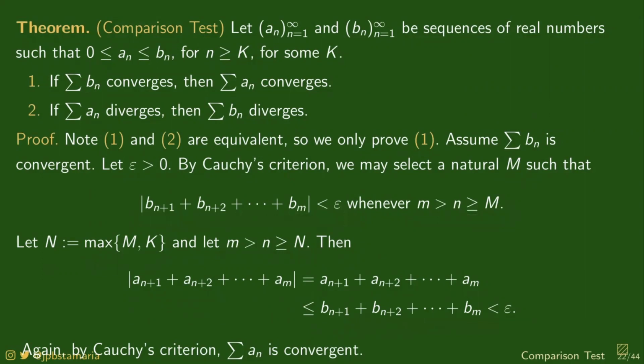In the end, ito yung na-prove, for every epsilon greater than 0, there exists an N, capital N, so that if two integers M and N both exceed N, this absolute value is less than epsilon. Yan yung Cauchy's criterion for the summation of AN. And what does it prove? It proves that summation of AN is also convergent. And for that, we are done.